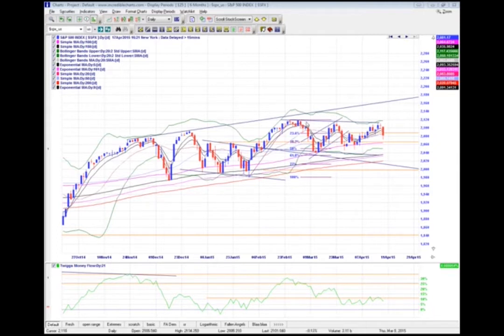So in other words, price going to the same places, but what do you see in the money flow down the bottom? You can see that the money flow is dropping sharply. Price staying the same, but money flow diverging.